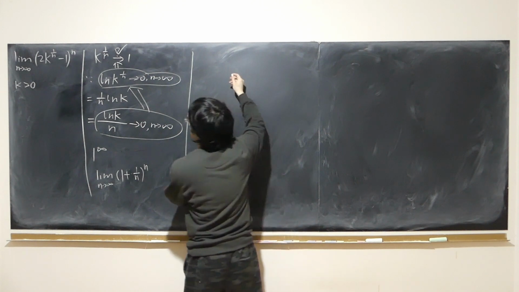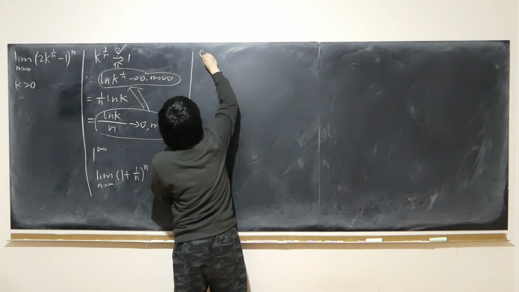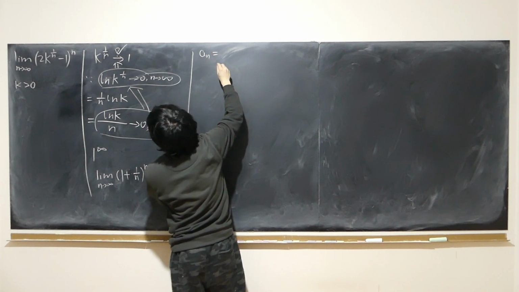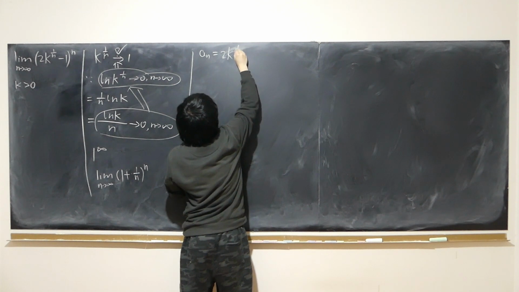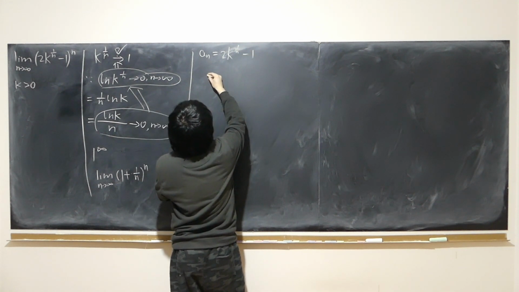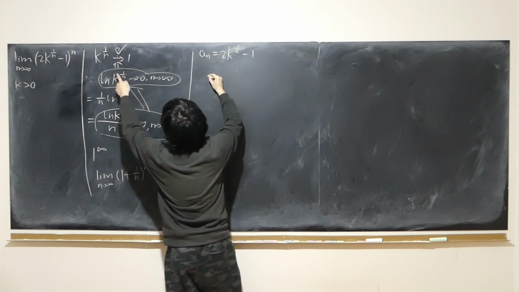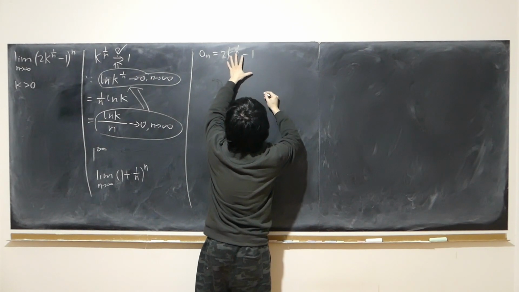Let me first use some shorthand notation. Let a_n equal the base, 2 times k to the power of 1/n minus 1, just for convenience. Like I said, k to the power of 1/n approaches 1, so a_n approaches 1.